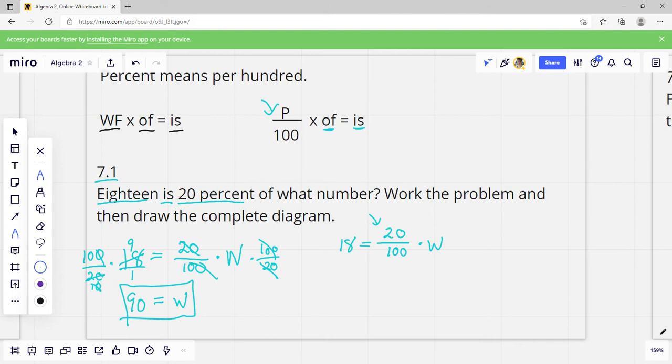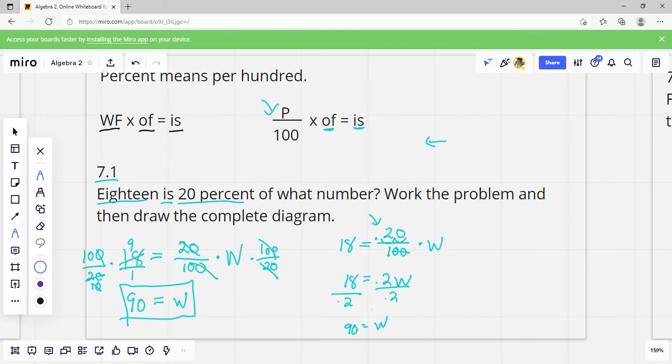When we divide by 100, we move our decimal to the left the number of zeros. So we've got 2 zeros, we move this to the left 2 places. So it's 18 equals 0.2 times W. So we divide by 0.2 on both sides, and that would be W equals 90.